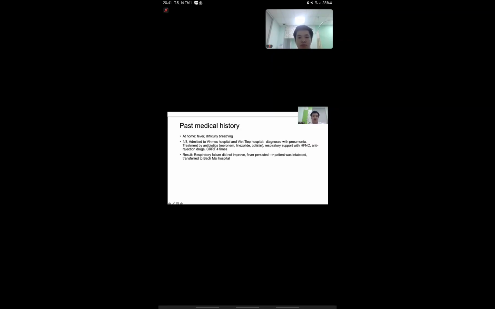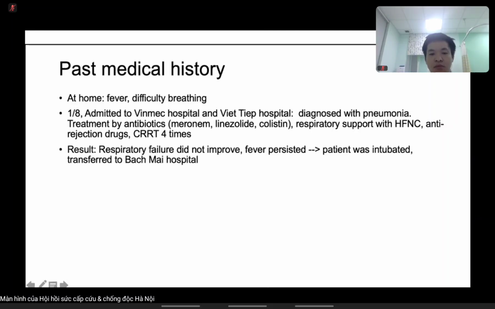The patient had a fever and difficulty breathing at home. On the 1st of August, the patient was admitted to Vinmec Hospital and Chen Vietnam Hospital after being diagnosed with pneumonia and treated with antibiotics, including Meronam, linezolid, and colistin, respiratory support with HFNC, anti-rejection drug, and CRT for some time.